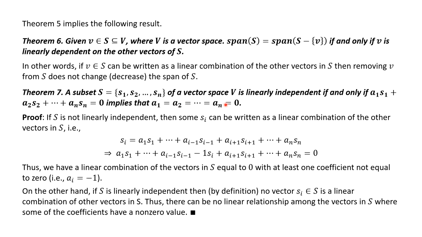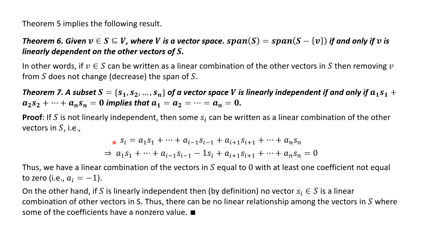So first we'll assume that the set S is not linearly independent, in other words, S is dependent, which means there's some si that can be written as a linear combination of the other vectors. I'm showing that here.